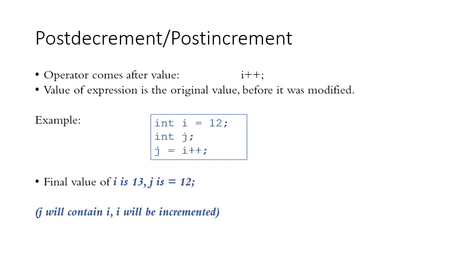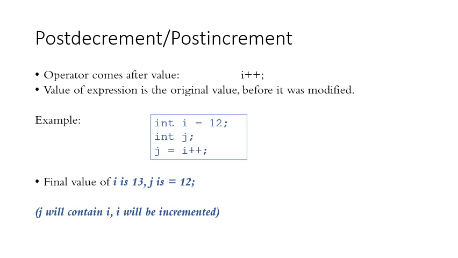So what about post-decrement or post-increment, your i plus plus and i minus minus? In here, the value of the expression is the original value before it was modified. Let's have an example. Assuming we have an integer i assigned with a value of 12, and an integer j, and j is equal to i plus plus.